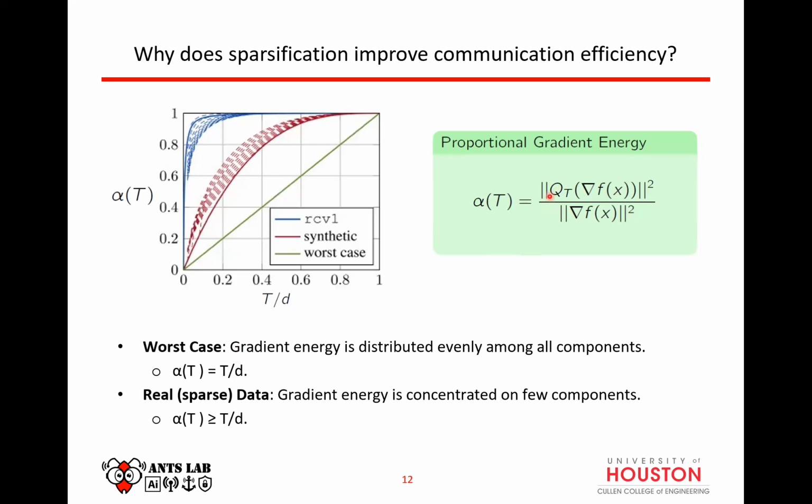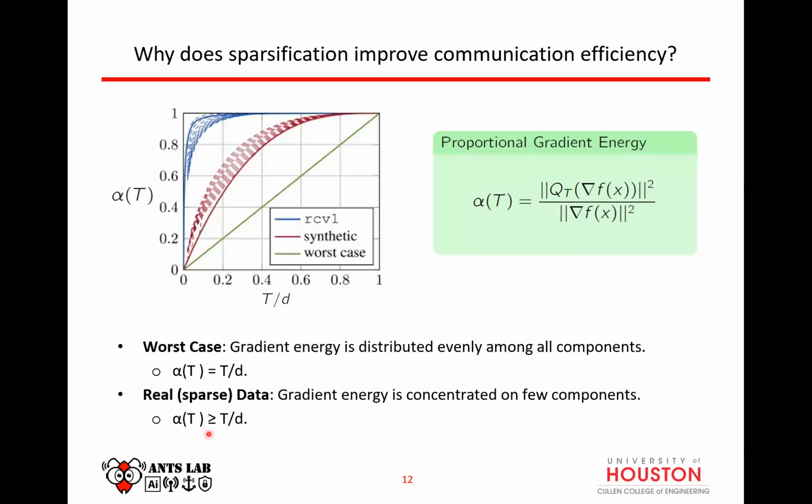If you do a top-K here, you are choosing the highest magnitude elements, which is where most of your gradient energy, or most of your information, is present. So this is the scenario for real data, where the alpha_T value will be greater than or equal to T by D.